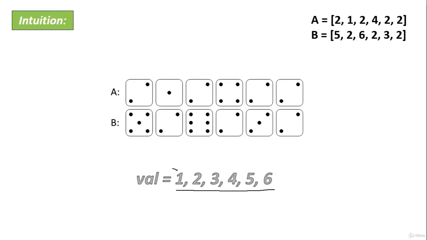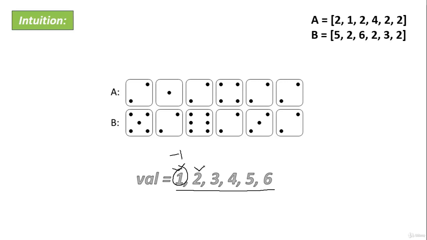When we have value equal to 1, then our goal is to find out the minimum number of rotations that we can make to array A and array B such that they contain all value 1, and there is no such rotation we can make. So in this case, for 1 we'll return -1 because there is no minimum rotation we can make.